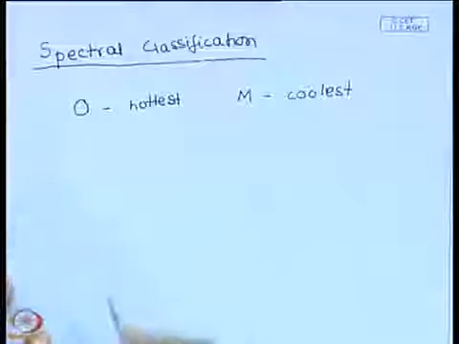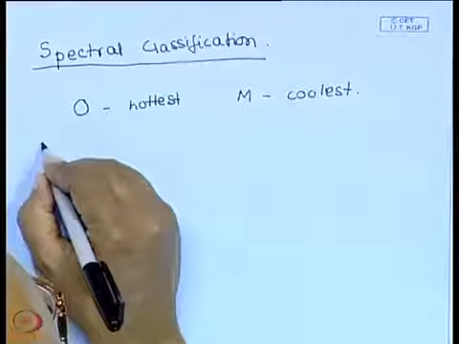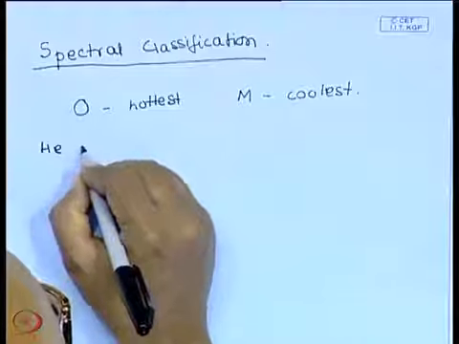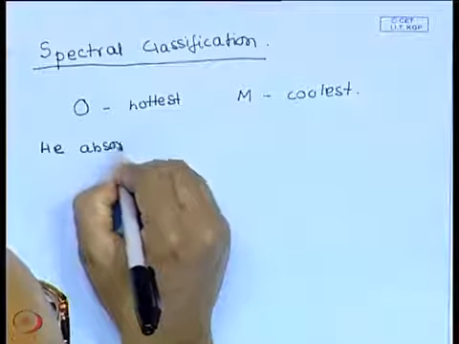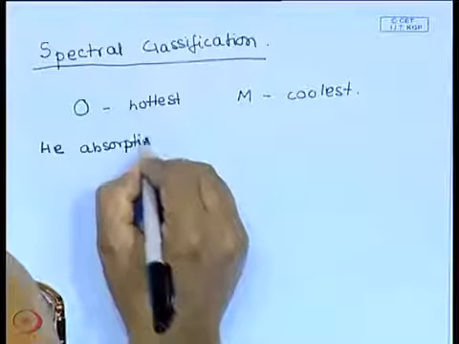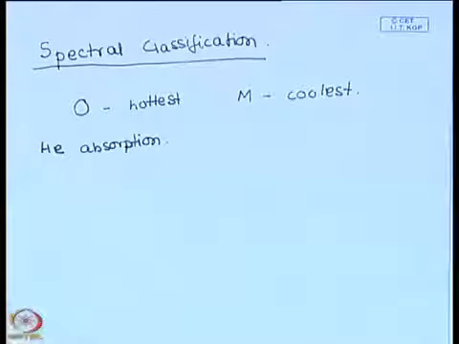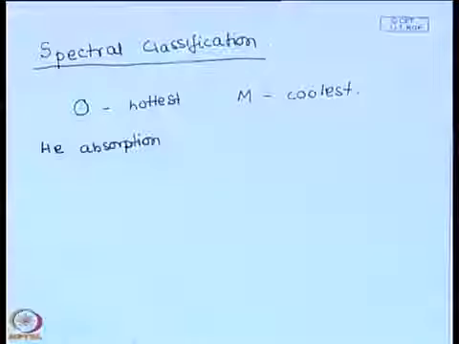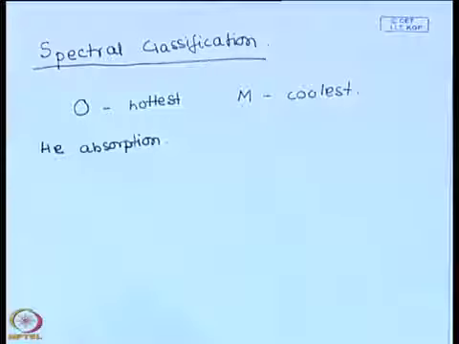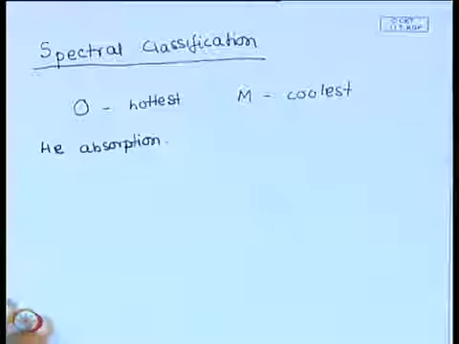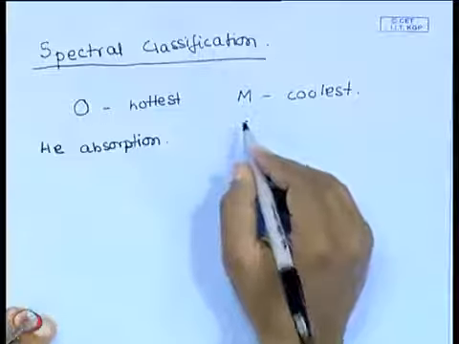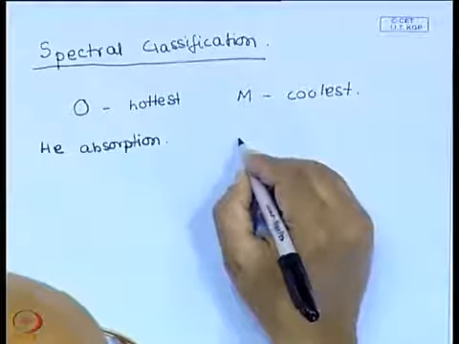In the O stars you get helium absorption lines. To excite helium you have to produce ultraviolet radiation. So, these O stars produce copious amounts of ultraviolet radiation which is adequate to ionize helium. So, you can observe helium absorption lines, whereas in the M stars you get metal absorption lines.